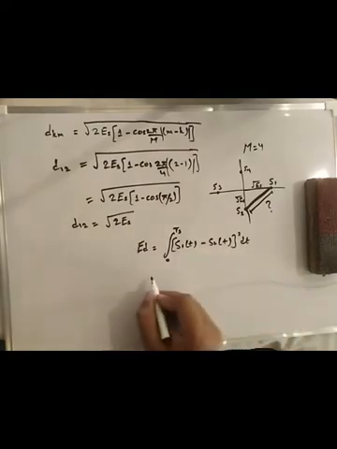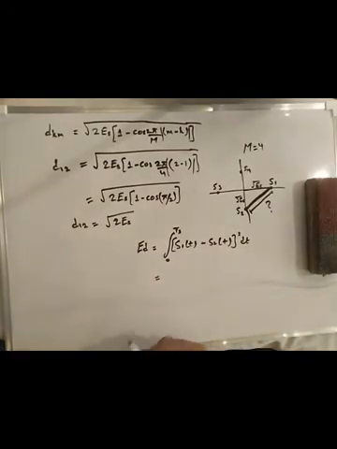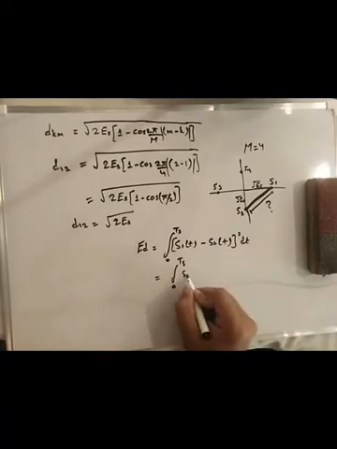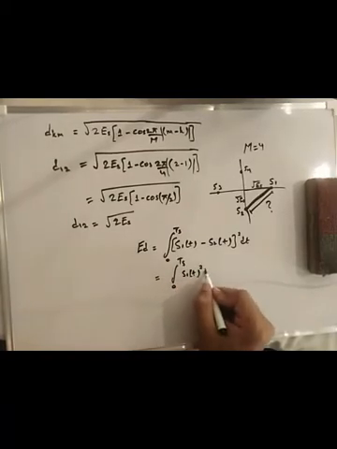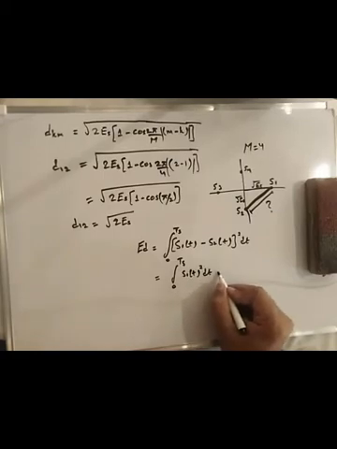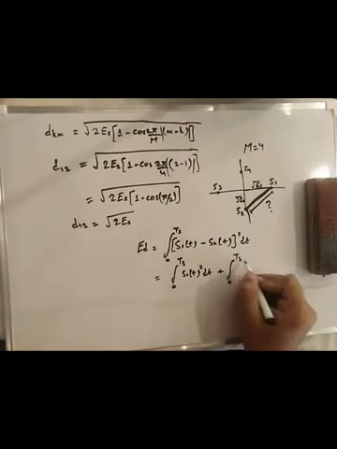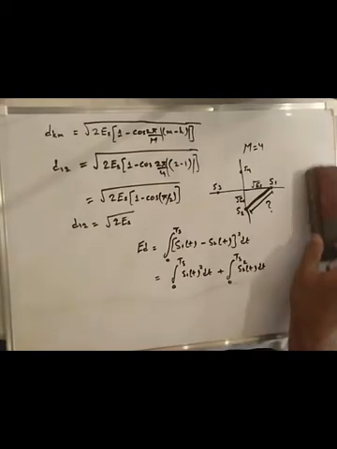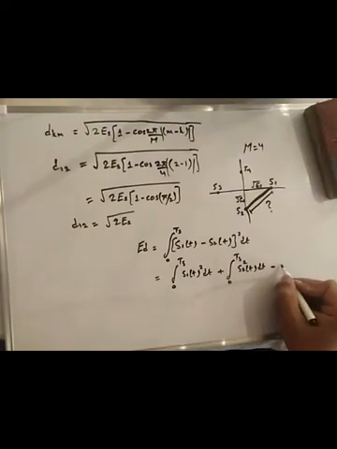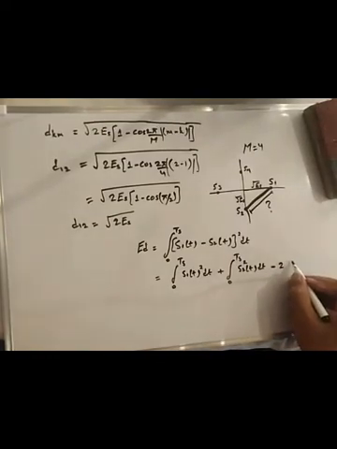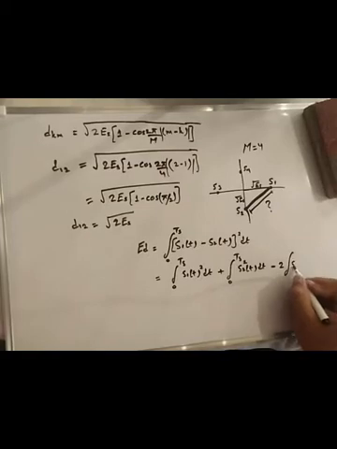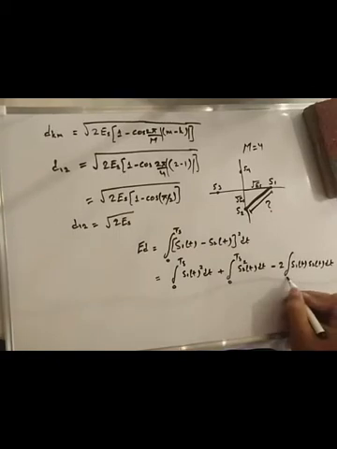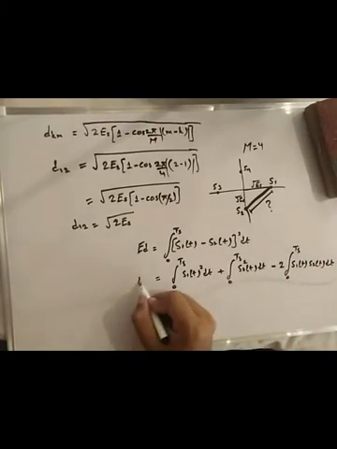So if you expand this expression, this will be the integral from 0 to Ts of S1(t) squared, plus the integral from 0 to Ts of S2(t) squared, minus 2 times the integral from 0 to Ts of S1(t) S2(t) dt, right?